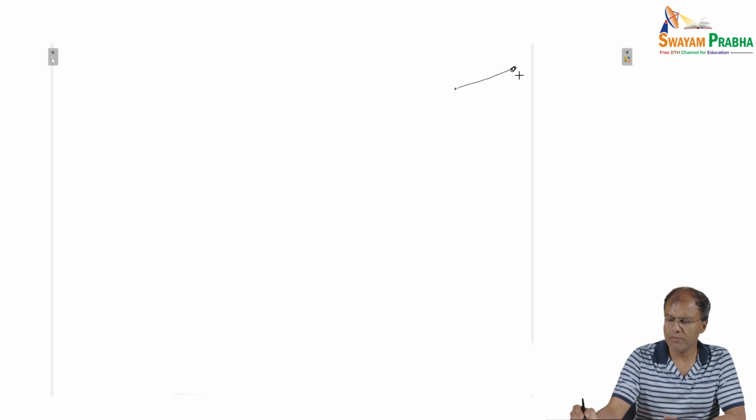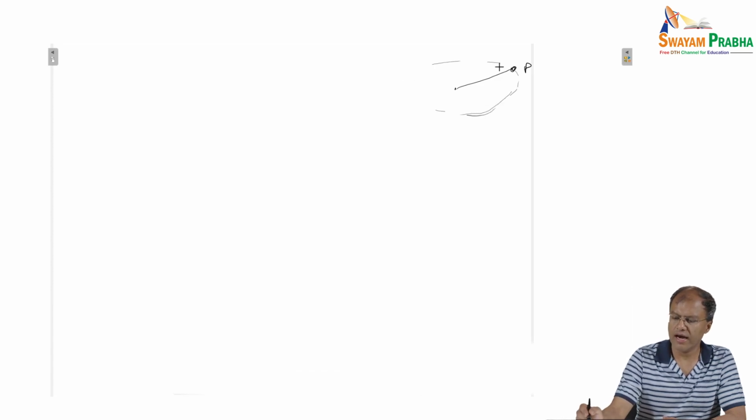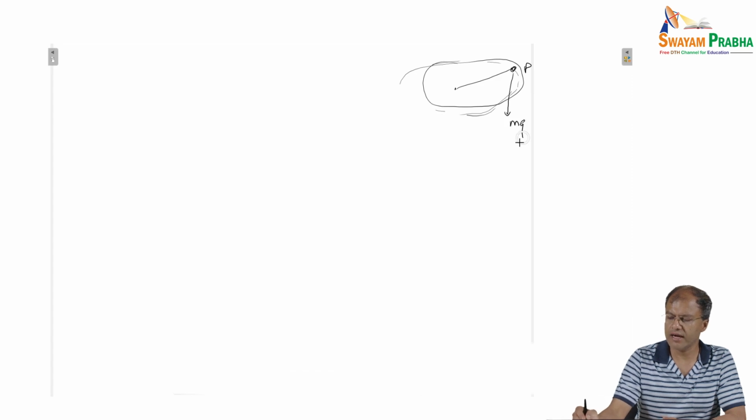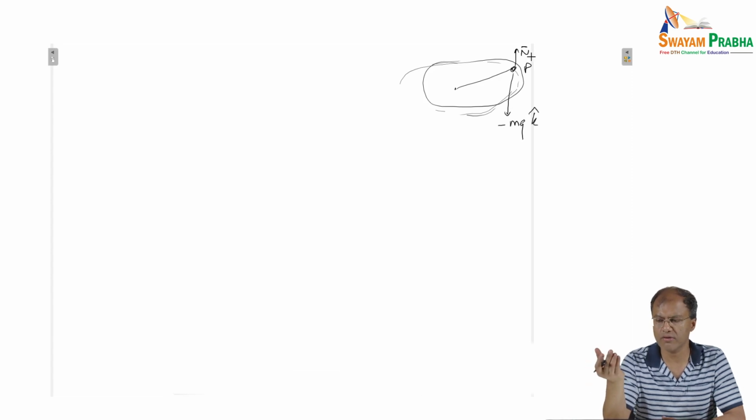So we have the particle P which is sliding on a smooth table, so there is no friction, and it is of course moving on a circle. We have the weight acting downward, right? And of course this is going to be balanced by the normal reaction because the particle is not going to leave the surface of the table.